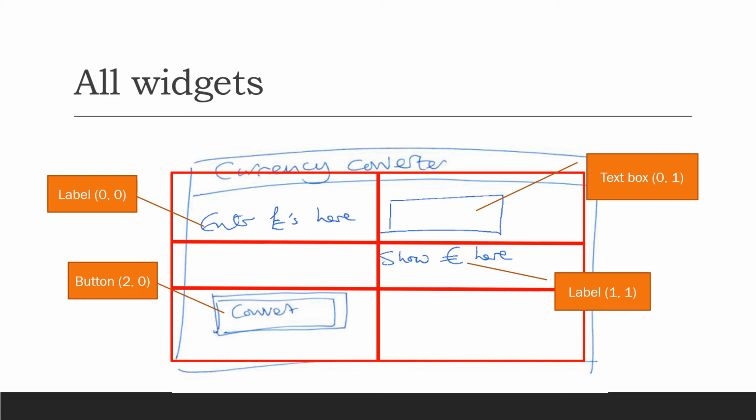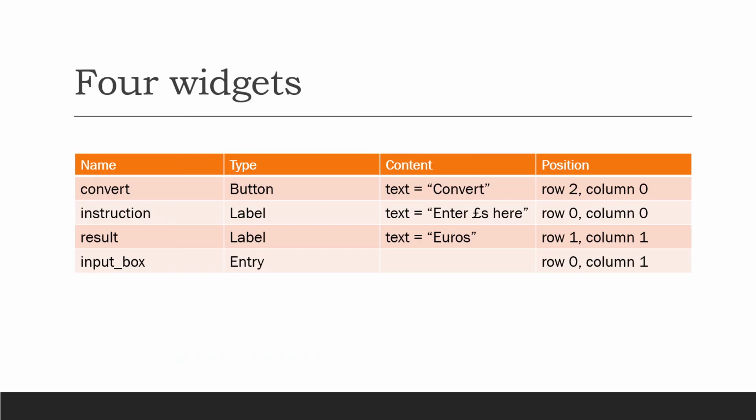So let me set out all the facts. I'm going to create 4 widgets, and here's my plan. I'm going to call them convert, instruction, result, and input box, and the types are button, 2 labels, and entry. Text boxes are called entry boxes in TKINTER.